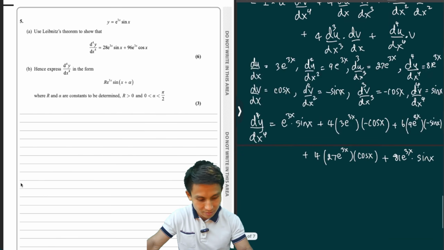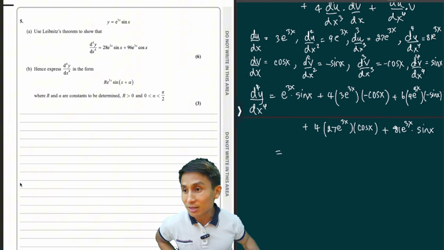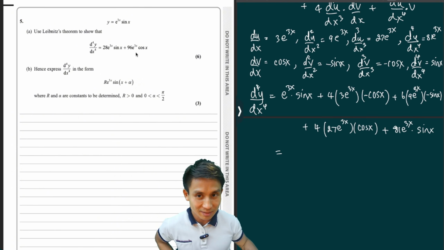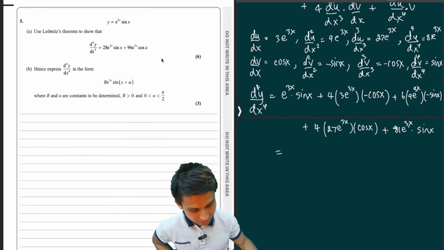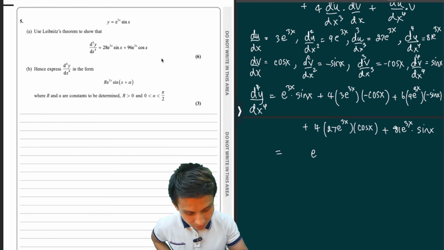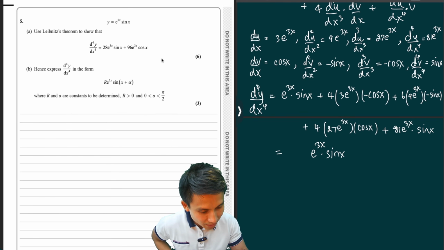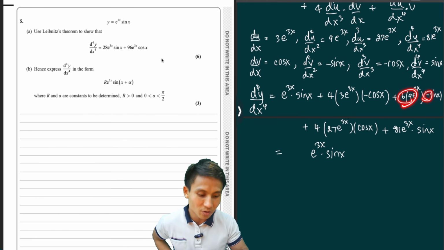Okay, so if we collect the terms, looking at the question here, they split into e to the 3x sine x and e to the 3x cos x. So let's look at the sine x first. I'm just going to write the terms here and collect the numbers. So we have 1 here, and then minus 54.